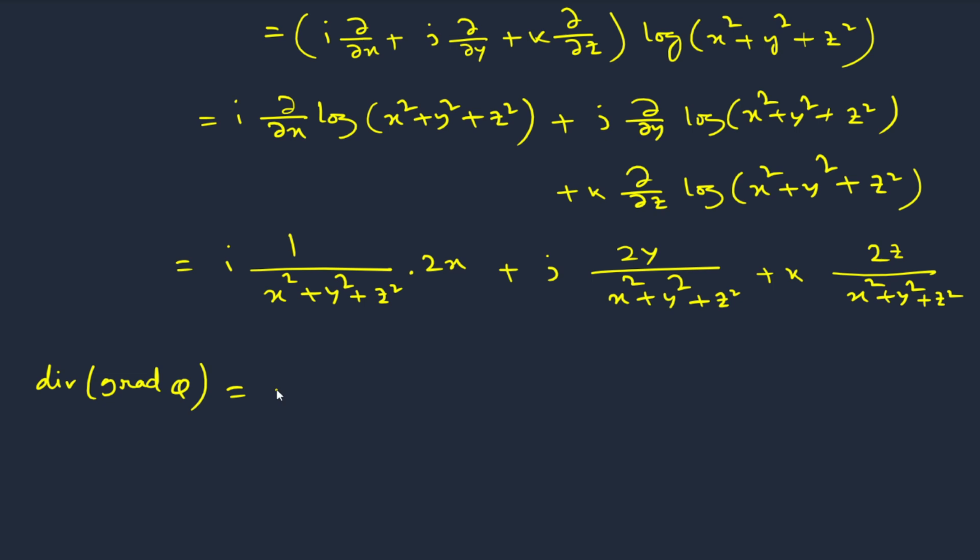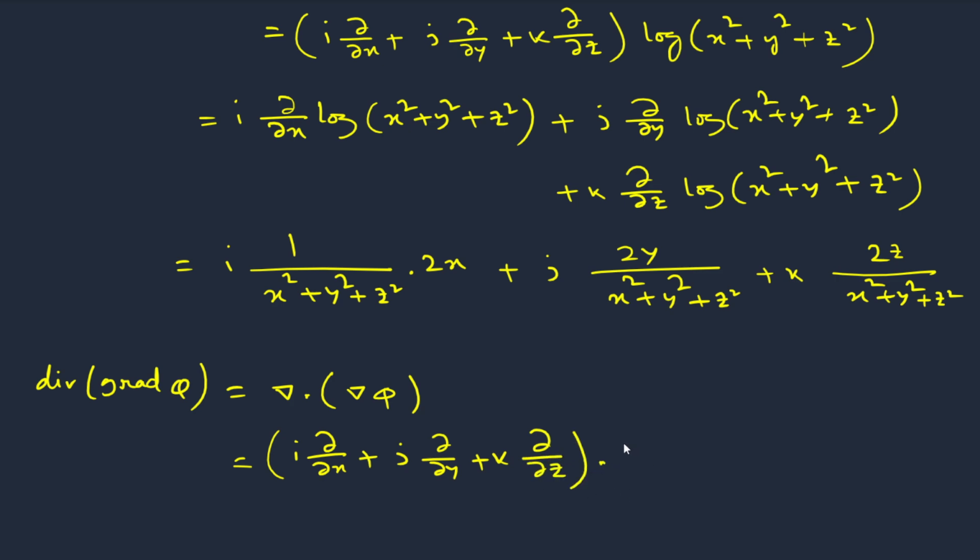So divergence means what? Nabla dot grad phi. Okay, grad phi is our nabla phi. So this nabla is i del/del x plus j del/del y plus k del/del z dot. So nabla phi means grad phi, just now we got it.